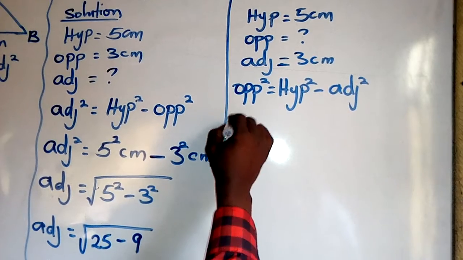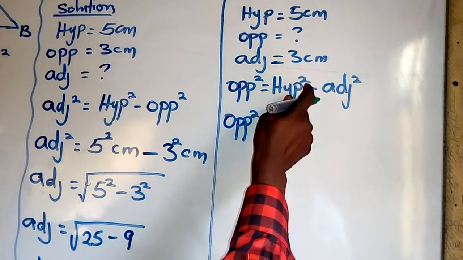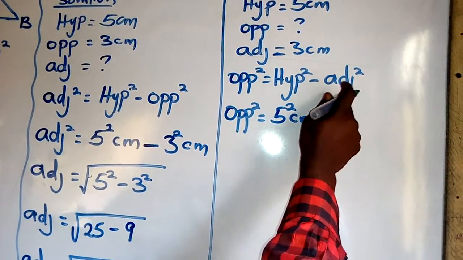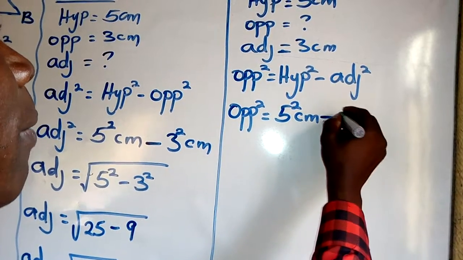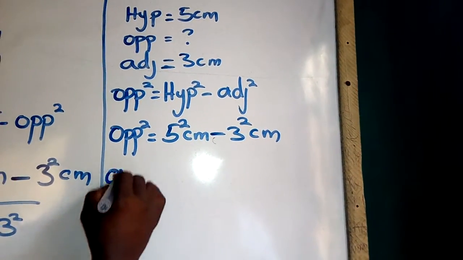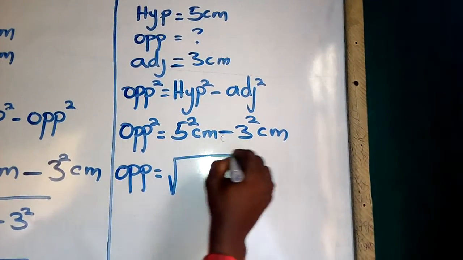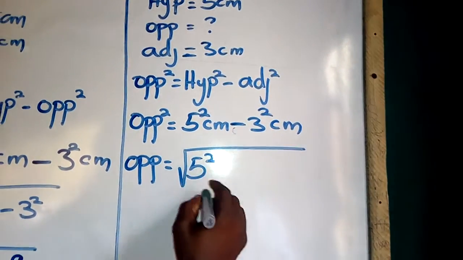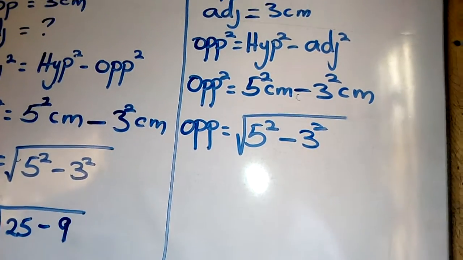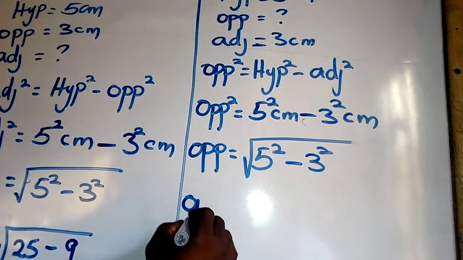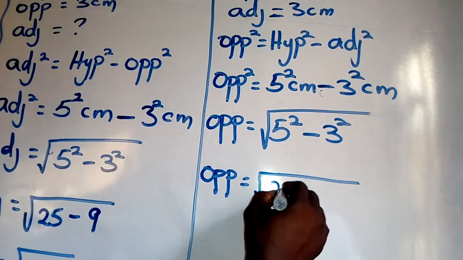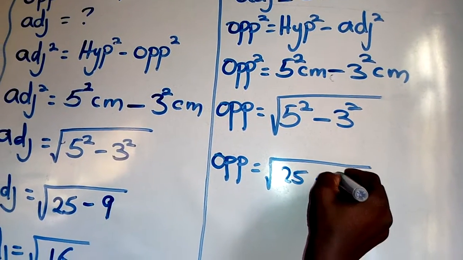So your opposite square is unknown. Hypotenuse square, which is 5 square centimeters, minus adjacent square, 3 square centimeters. Okay? So your opposite will now be the square root of 5 square minus 3 square. 5 square is 25. 3 square is 9.